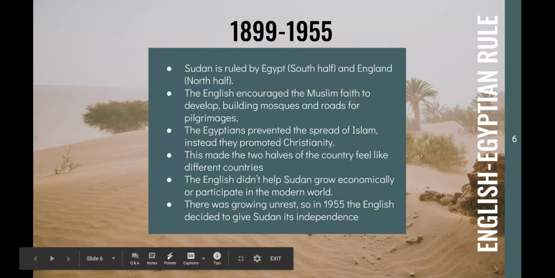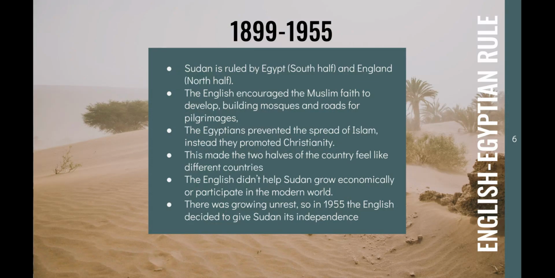So the English actually encouraged the Muslim faith to develop. So the Muslim faith is called Islam. And they would build mosques, they built roads for people to take pilgrimages and go to holy sites, and they really let that faith spread and were trying to let people have more freedom in their religion.